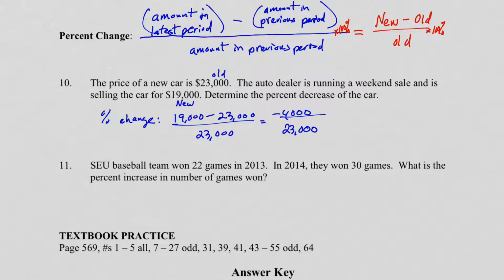Comparing that to the original number or the old number, and we get negative 0.174, which is now negative 17.4%. Because we're going to move this decimal 2 places to the right. Okay, so the percent change is a negative percent, and now all that means is that we're matching this concept of the decrease.